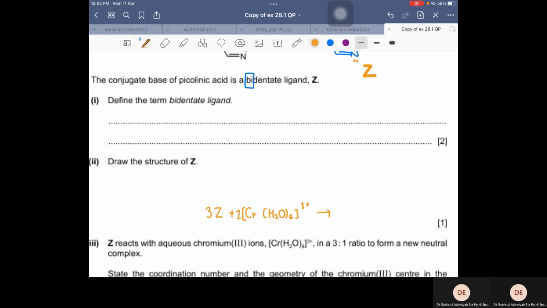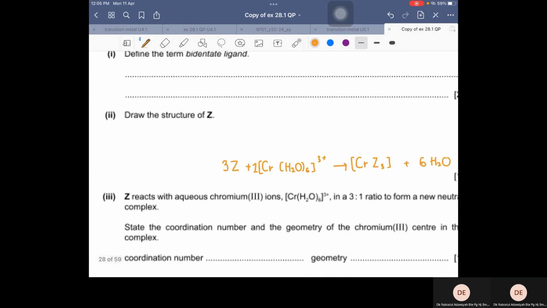If I have 3 molecules of Z, how many dative bonds am I forming? 6. So that means my coordination number of the new complex would be 6. I do not have any water left in my formula. Okay? So that means my new formula is chromium with 3Z plus 6H2O. I kick out all the H2O.